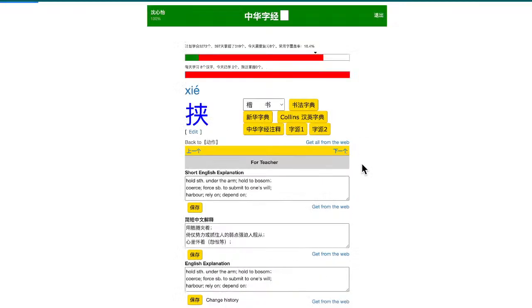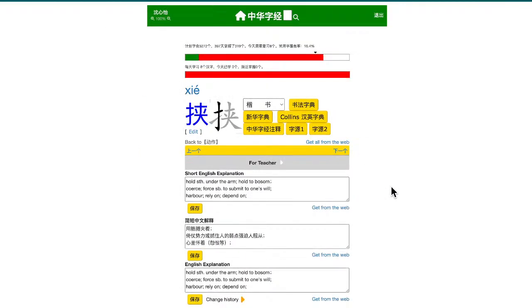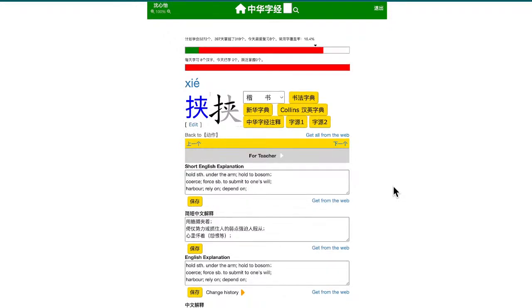Next one, 斜. 斜 means hold something under the arm, and hold to the bosom. So basically you clutch something under your arm, or hold something close to your bosom. That kind of thing is called 斜.